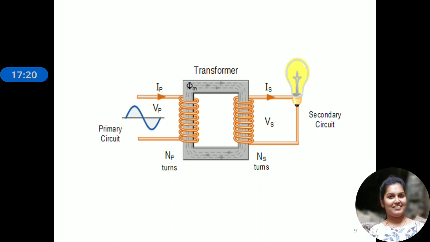Because of the mutual induction, both are said to be magnetically coupled. For that, we usually wind these two coils on an iron circuit, and that is called the core.